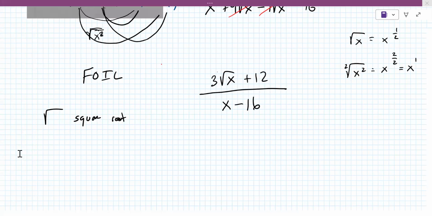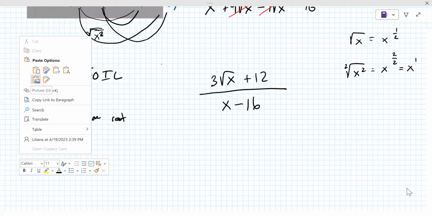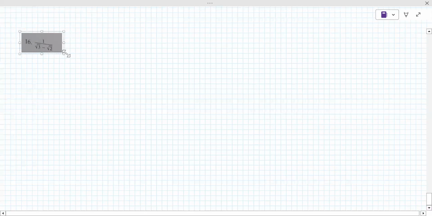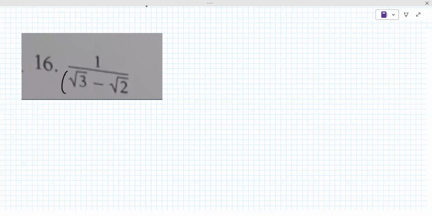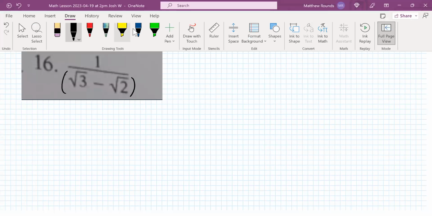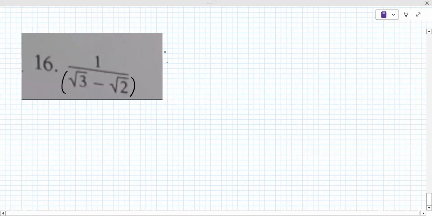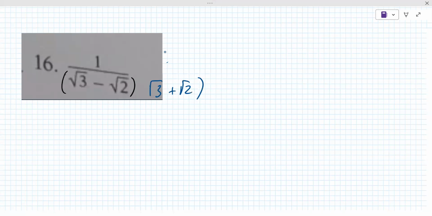So what do you see on the bottom this time? Square root of 3 minus square root of 2. What would the conjugate of that be? Square root of 3 plus square root of 2. Very good. We're going to multiply the top and bottom by that.